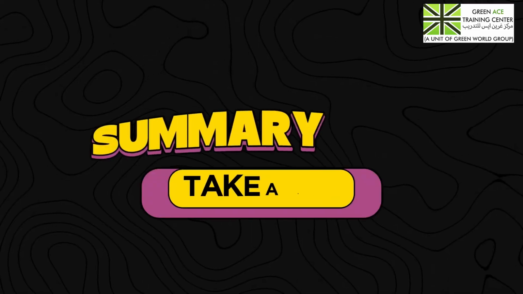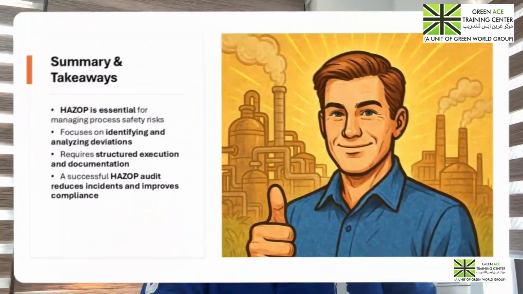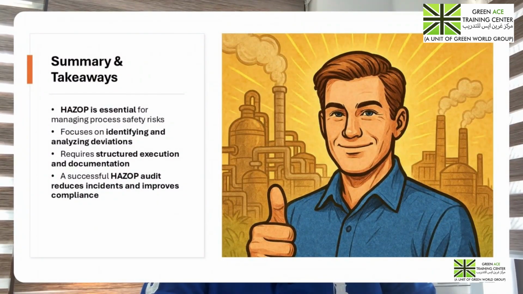So finally, the conclusion. To summarize, HAZOP is a crucial tool in managing process safety risk. Mainly it focuses on identifying and analyzing deviations from the design intent, which could lead to an unsafe condition or any kind of process failure.